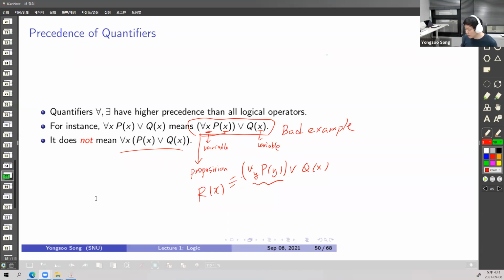If you write P(x) is a statement that x plus 1 is larger than x, then this is not yet a proposition, but you should write something like this. Then it becomes a proposition.